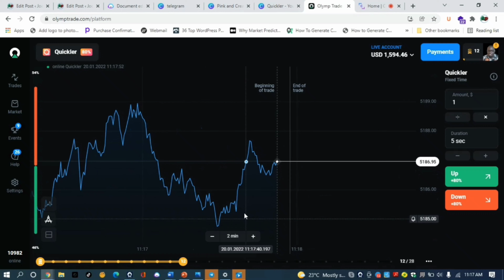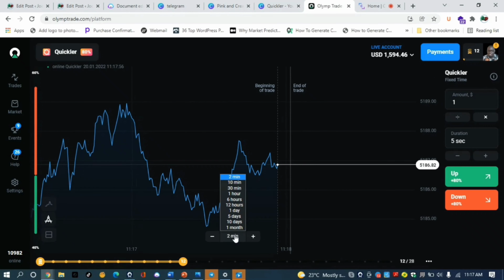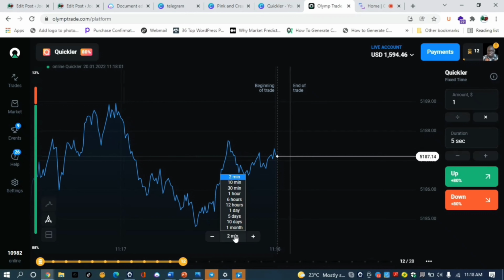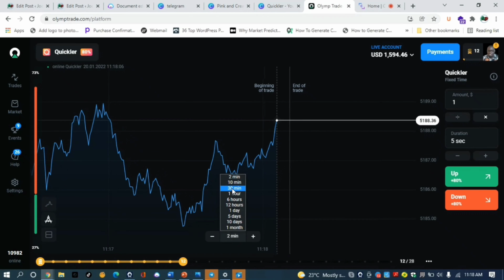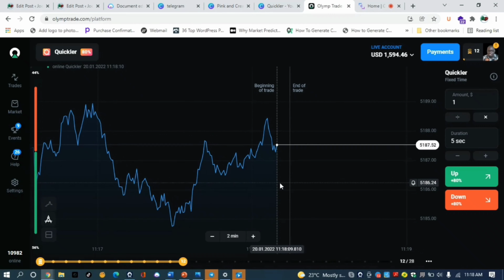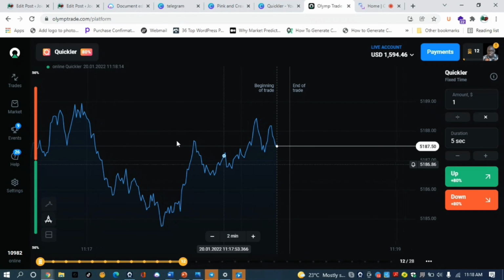You can do 1 minute, 2 minutes, 3 minutes, but what's the point of doing a 2 minutes time frame when you are trading on an even lower duration? That is to say that you can just do the 46 seconds that is shown on the chart to see whatever is happening on the chart real time.